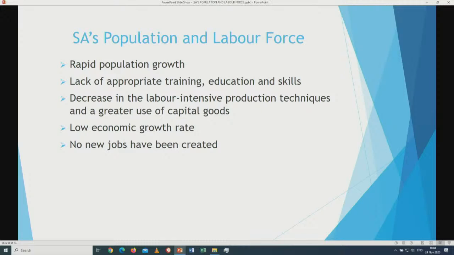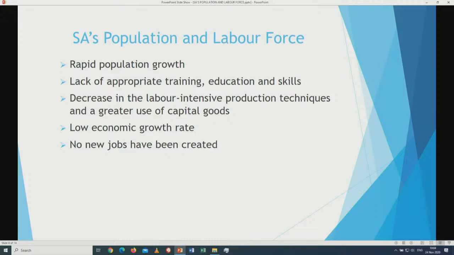And we defined what the economically active population is. It is a proportion of the population that consists of people between the ages of 16 and 65 who are employable.